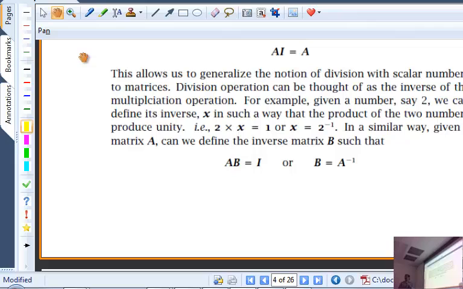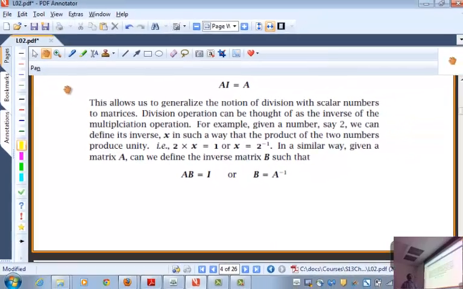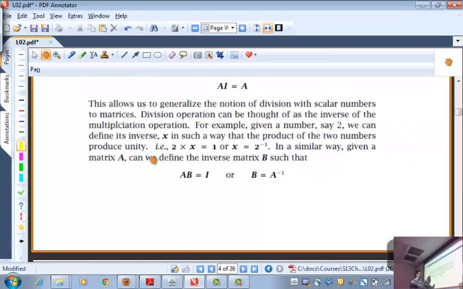How can we look at an inverse conceptually? An inverse of a matrix should be such that when I multiply the matrix by its inverse, it should give me I. Just like if I have the number 2 times x, the inverse is x equals 1 over 2. So when I multiply the two numbers, I get 1. Okay, so that introduces the notion of a division, and that's what we are going to develop.